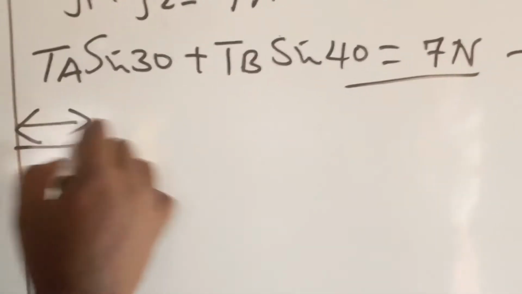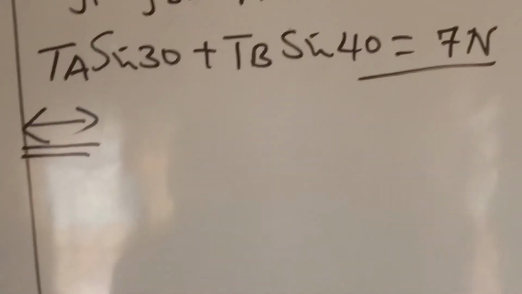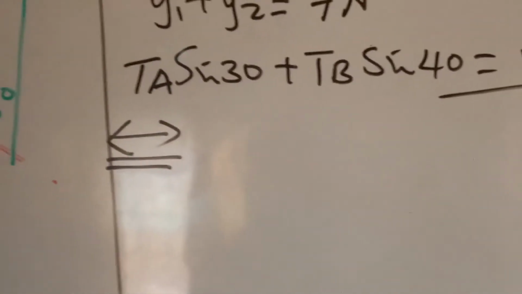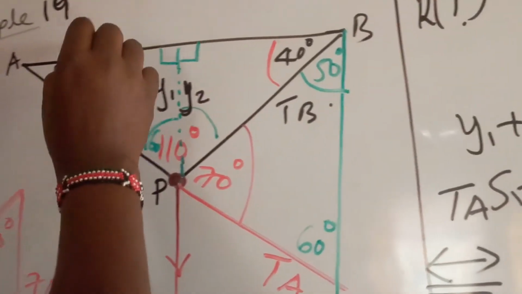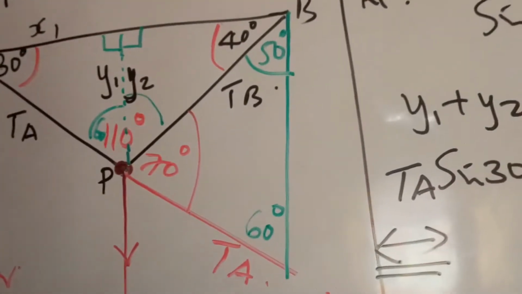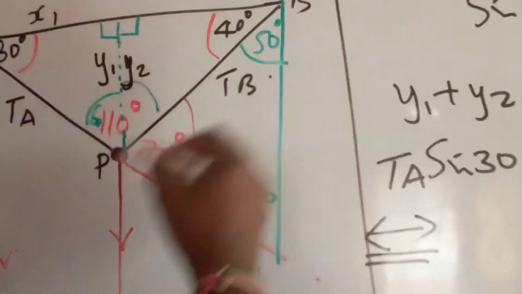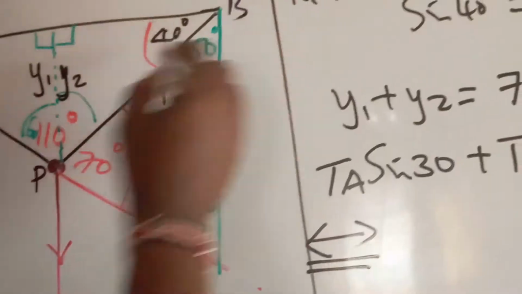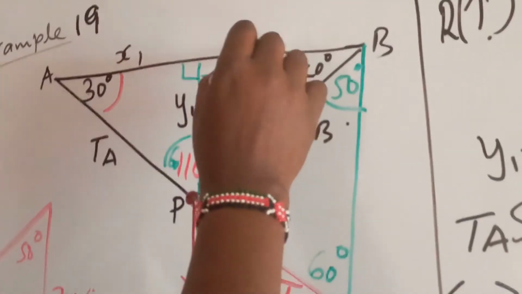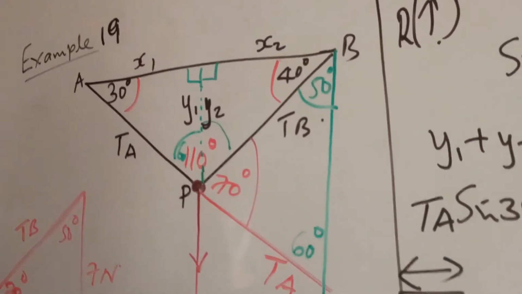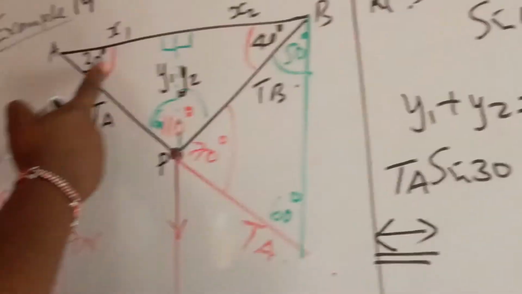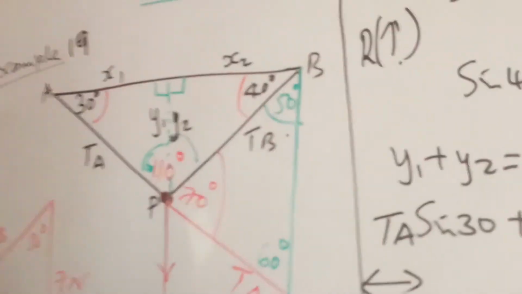Again, if we wish to consider the horizontal forces, then the tension of A is pushing the particle to the left through a force, let's call it X1, and the tension of B is pushing the particle to the right through what we may call X2. And X1 is exactly equal to X2. You can see this one is adjacent to the 30 degrees.